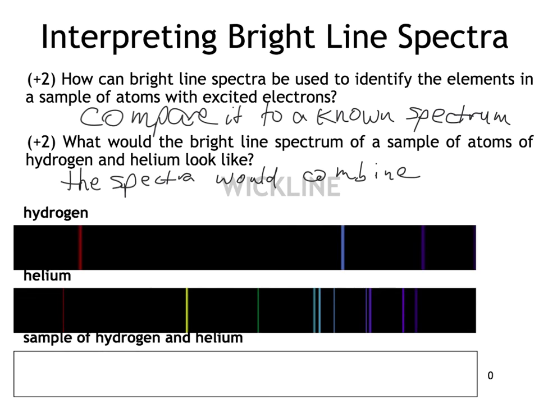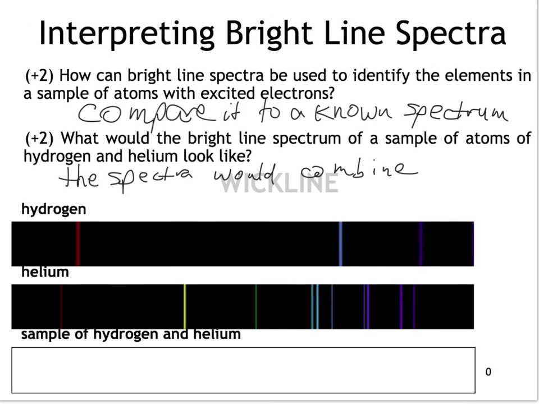So I just wrote in that the spectra would combine, but I'm asking also to do a sketch. Mine's going to be in black and white because I don't have all these pretty colors available, but if you have markers or something, feel free to get creative. I'm going to combine the spectra of hydrogen and the spectra of helium in the blank box below.